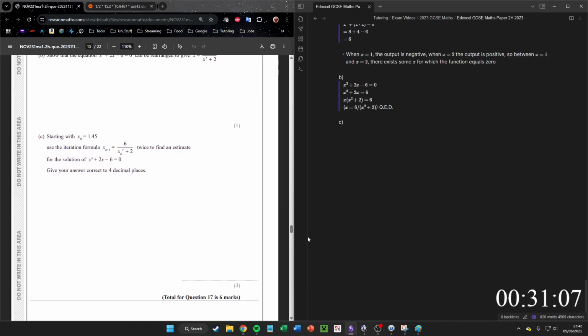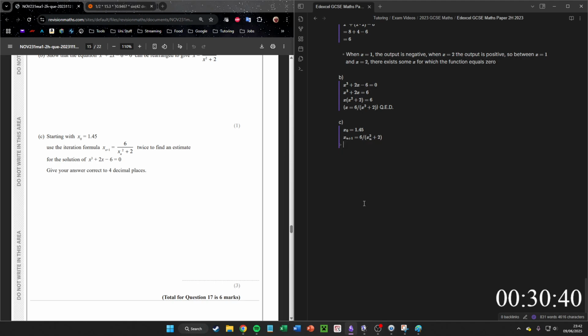And then part C, starting with x naught equals 1.45. We're using iteration x n plus 1 equals 6 over x n squared plus 2 to find an estimate for the solution of this thing.